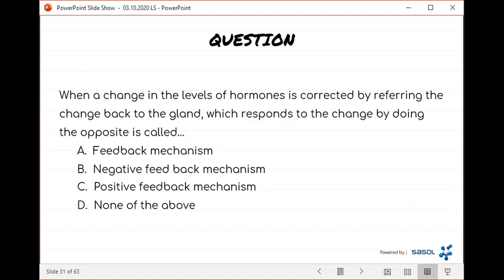Then we have a question. When a change in the levels of hormones is corrected by referring the change back to the gland, which responds to the change by doing the opposite, it is called: A, feedback mechanism; B, negative feedback mechanism; C, positive feedback mechanism; or D, none of the above?